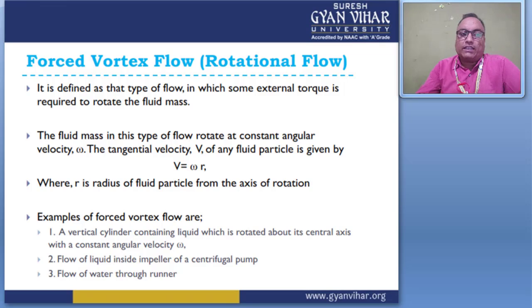Third is flow inside a convergent nozzle. And flow through a runner, where in the runner some portion of vacuum is created, and at the point where the vacuum is created the flow starts rotating, and this rotating flow is called vortex flow, right?